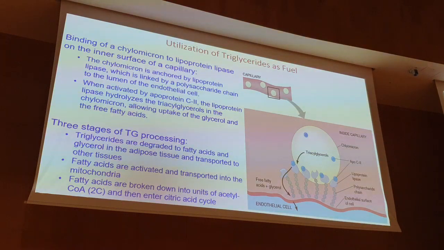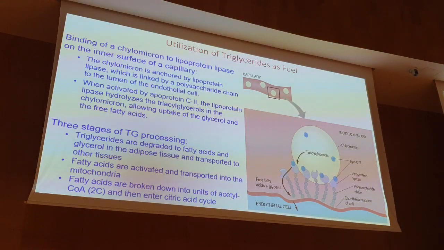Now, there are 3 stages to this triglyceride breaking down. Triglycerides are degraded into fatty acids and glycerol by 3 separate enzymes. And let's look at this in a little bit of detail.